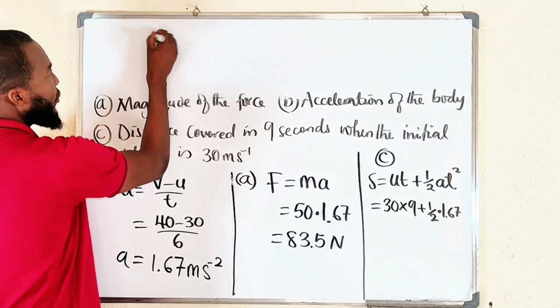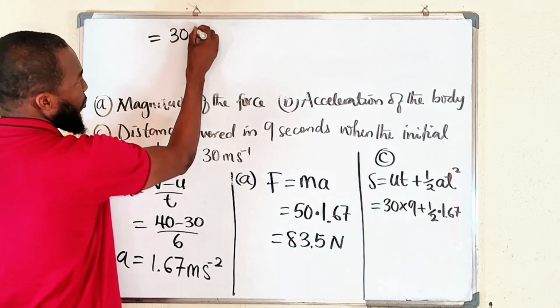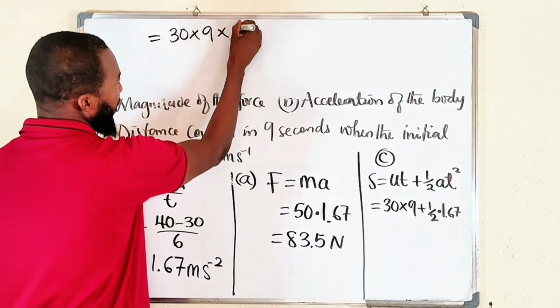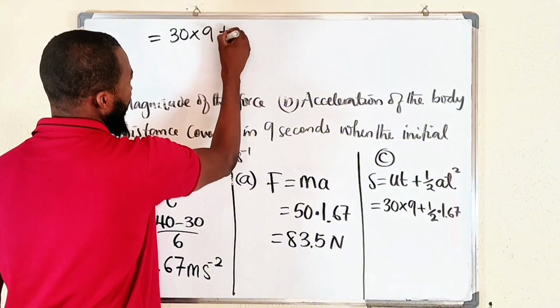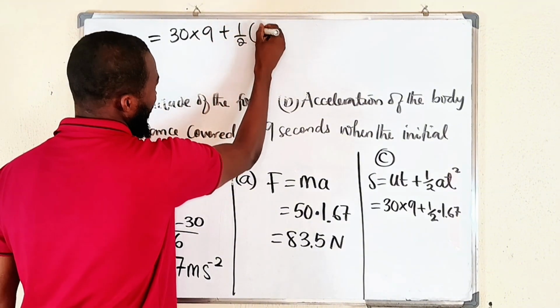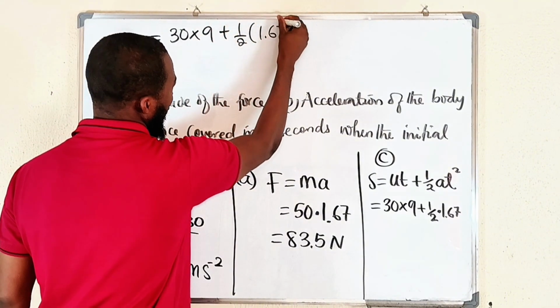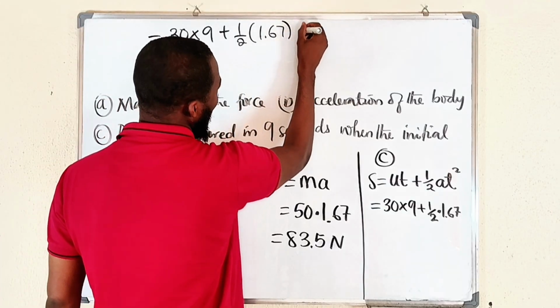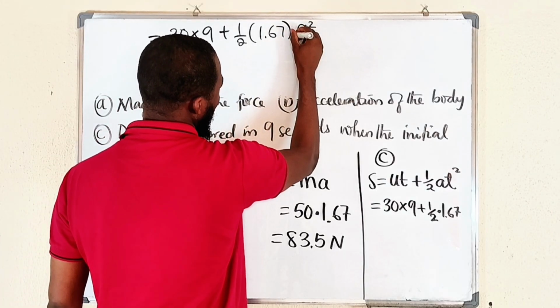So it will be equal to 30 multiplied by 9 plus half. A is 1.67. Then T is also 9 squared.